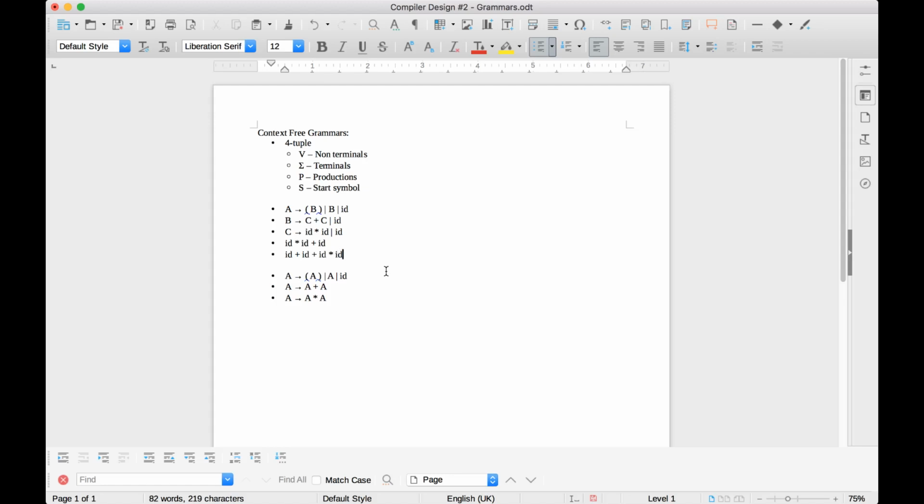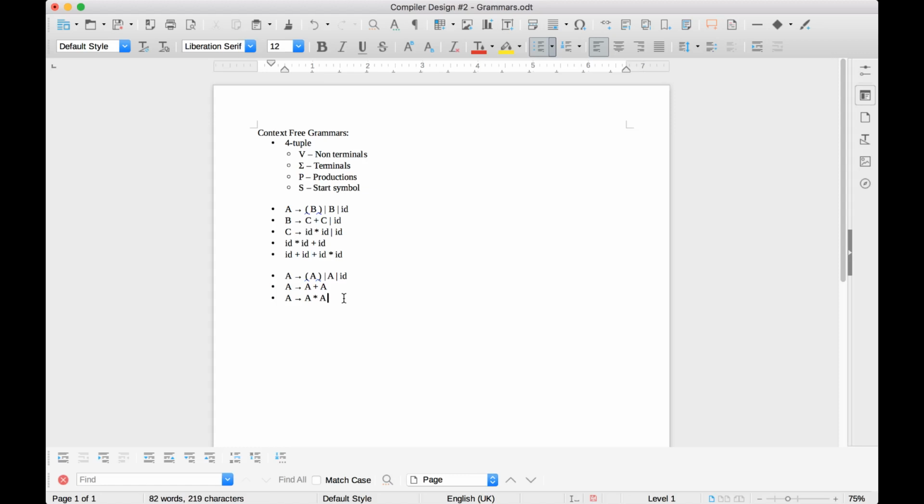Can this be represented by the grammar? Well, if you look carefully at the grammar itself, you can tell that it can't be, because A goes to B, B goes to C plus C, and then we end up with 1 plus, and there's nothing else we can do. There's no way we can get the second plus.